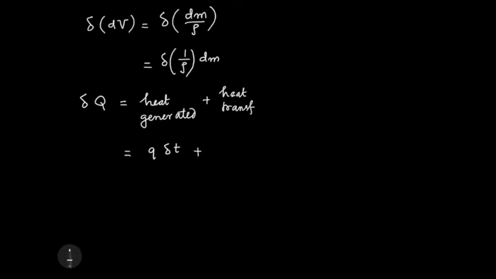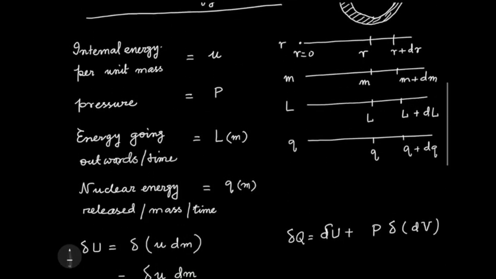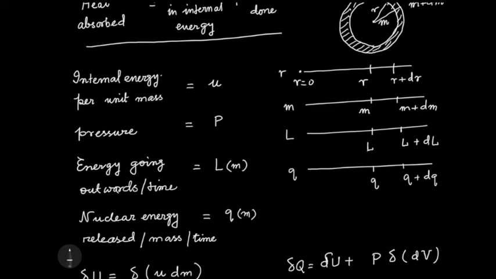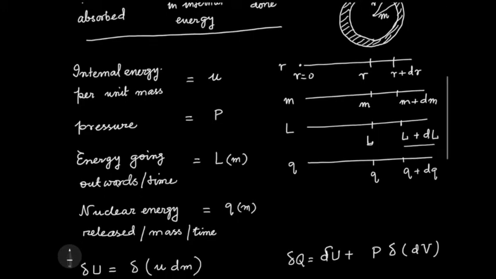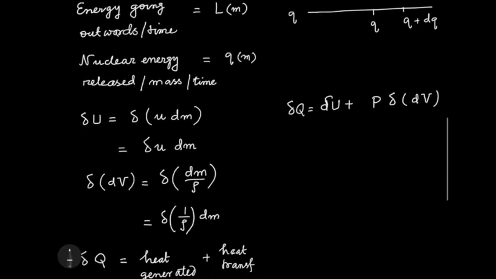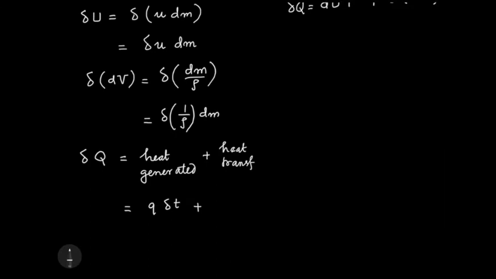And what about the heat transfer? The heat transfer is because there is L luminosity here and there is L plus dL luminosity at the end of the shell. The luminosity is energy going outwards per unit time. So I can write the heat transfer as L as a function of m minus L as a function of m plus dm.